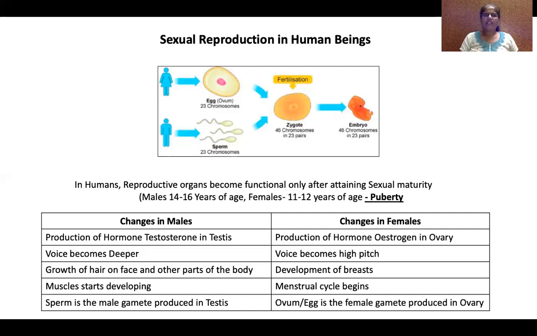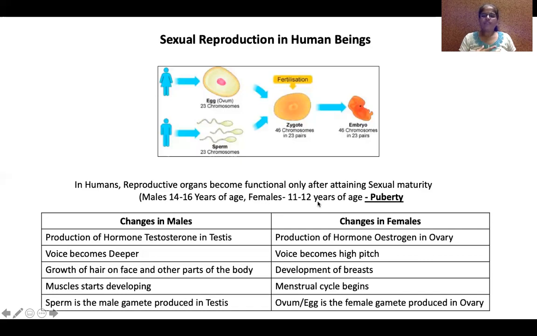Just attaining puberty doesn't mean that we can reproduce, because once we attain sexual maturity, everything should become stable. We have to accept those changes, because when we suddenly see those changes, psychologically we won't be normal. We feel somewhat disturbed. So we have to take another 3 to 4 years. For example, at 11 to 12 years a female starts the menstrual cycle.